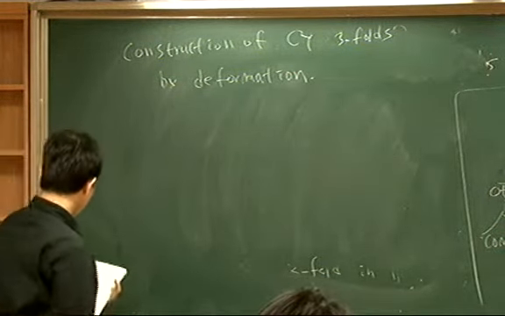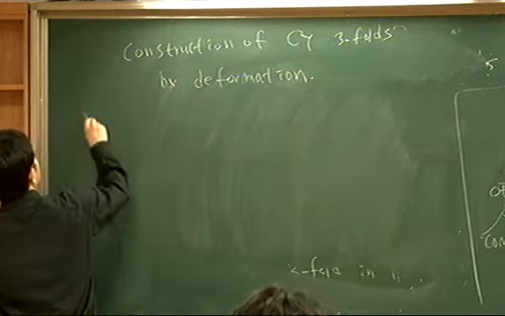We start with a normal crossing variety.